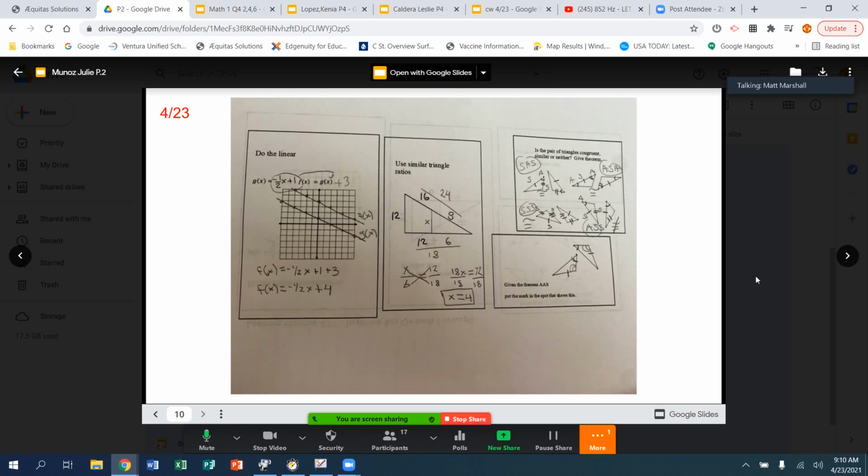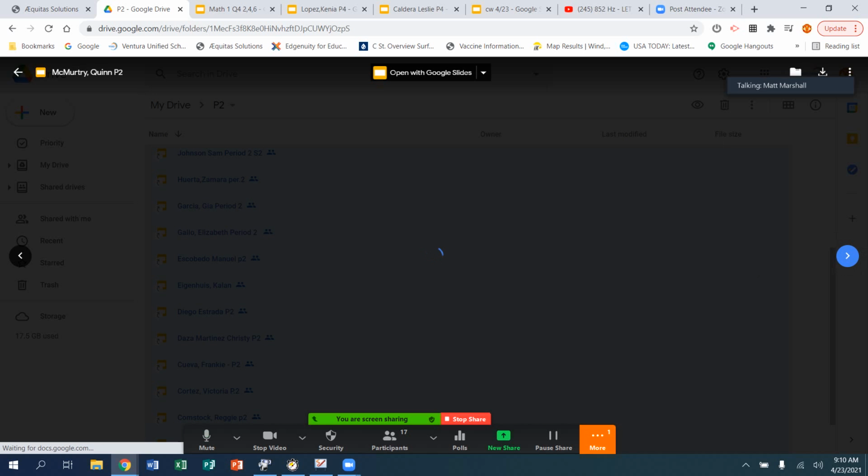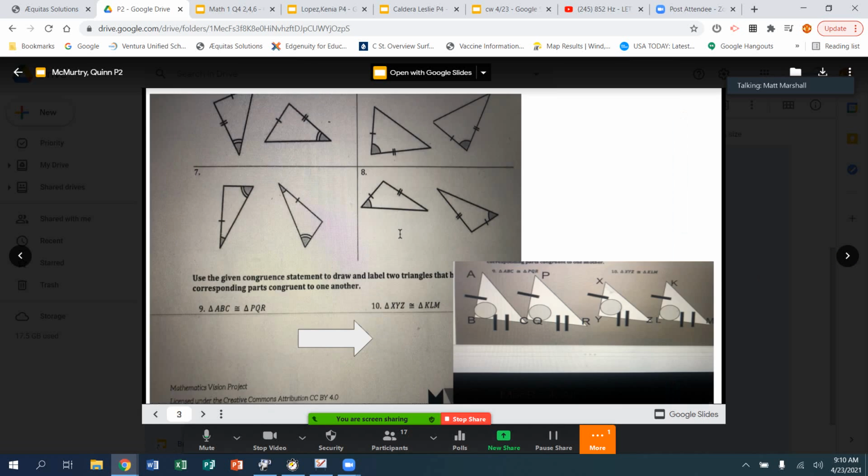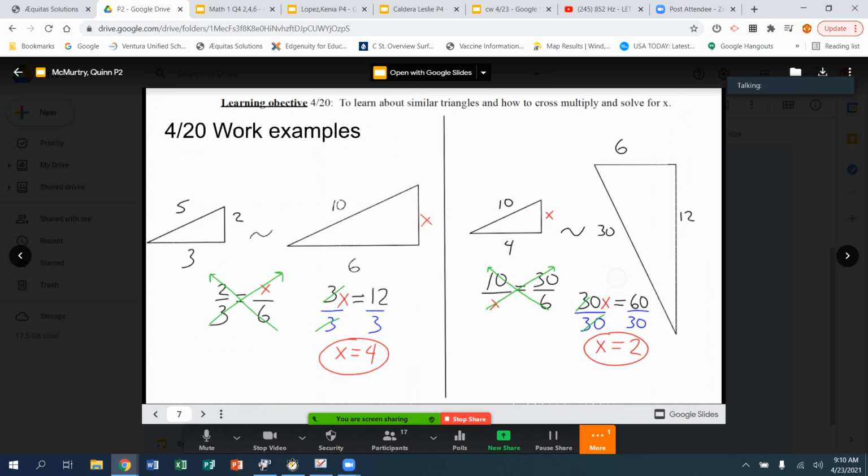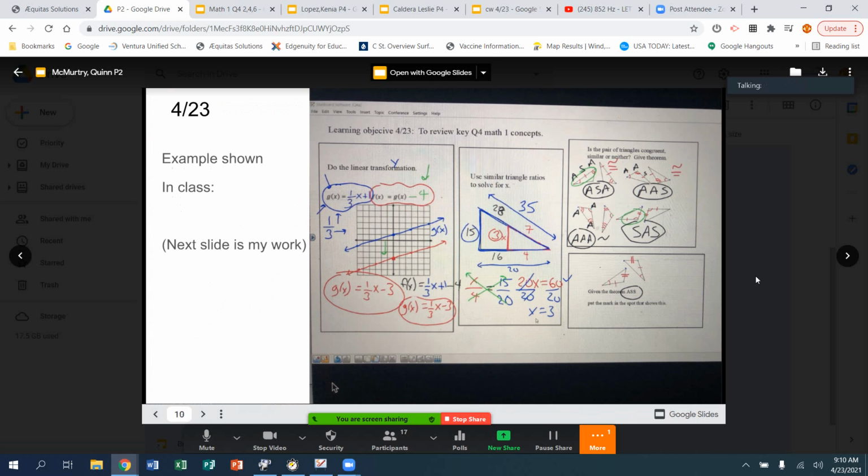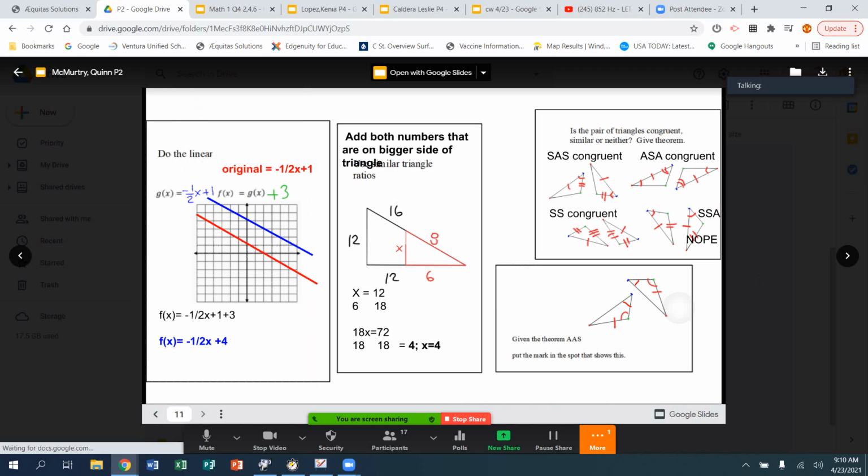Quinn, are you out there? Thank you. Next. All right, Quinn. Can you just tell us about your triangles there, the congruent ones? I like it. What'd you do?